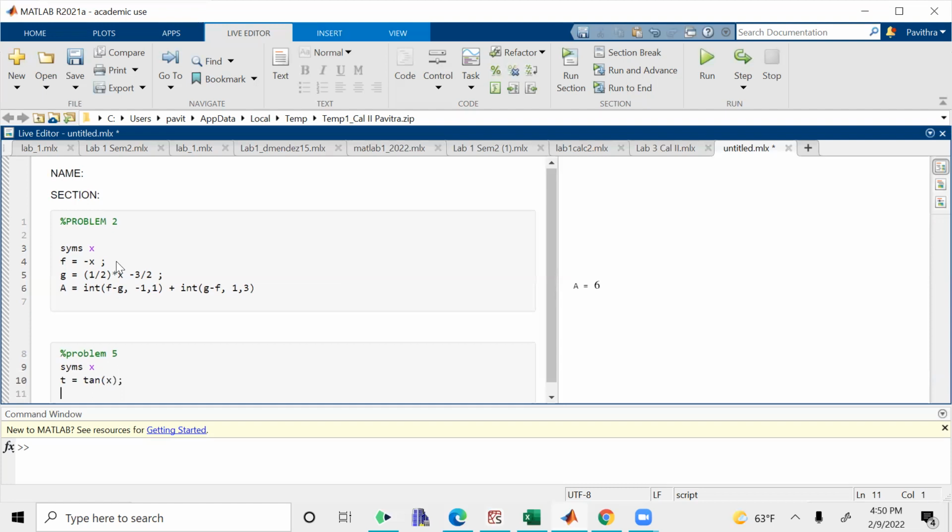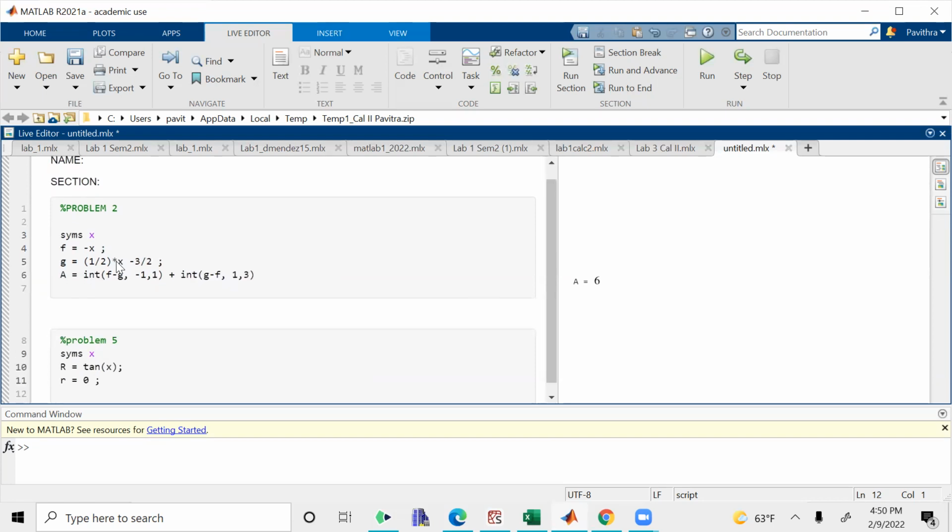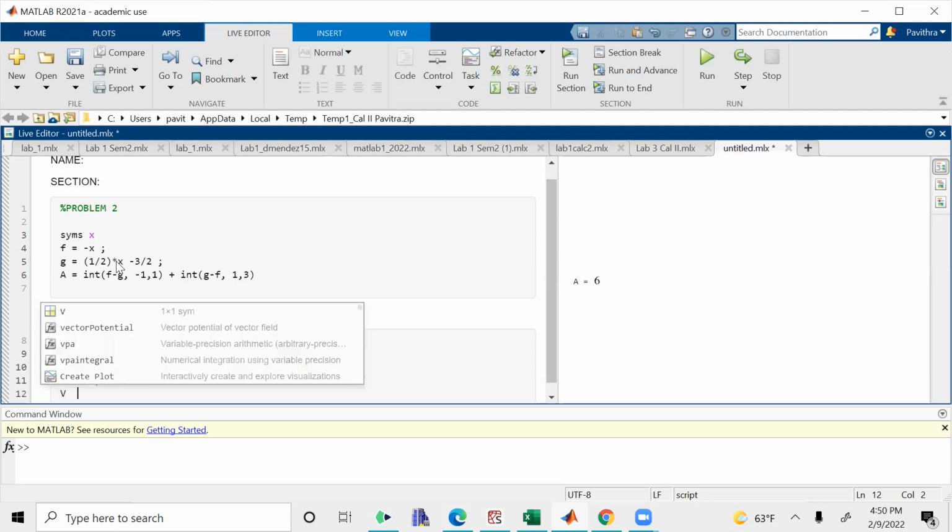Put a semicolon. And then what is the next function given, which is 0. Let me keep it as r. Right? We had two functions, which were tan x and y equal to 0. I did that here. Now next is finding the volume, not the area, volume, right?